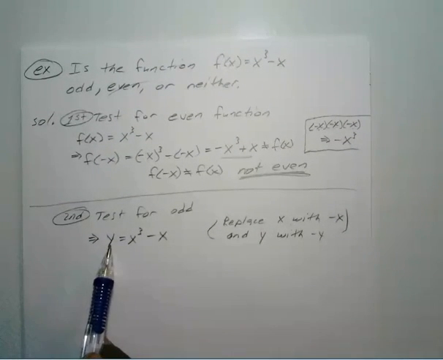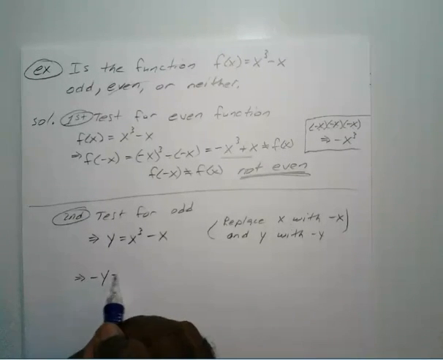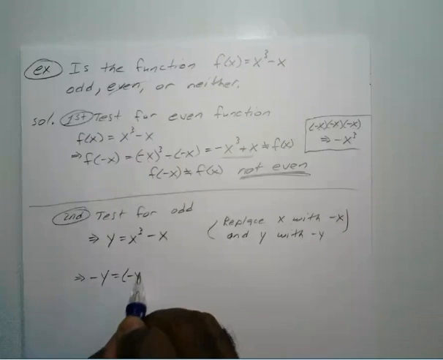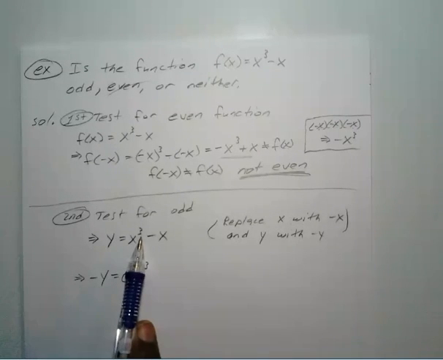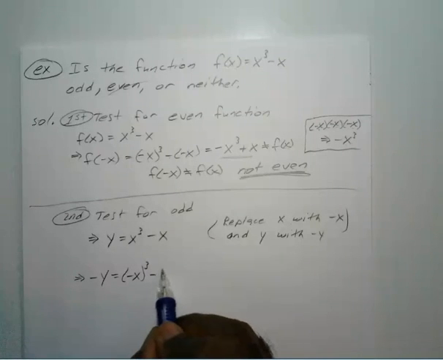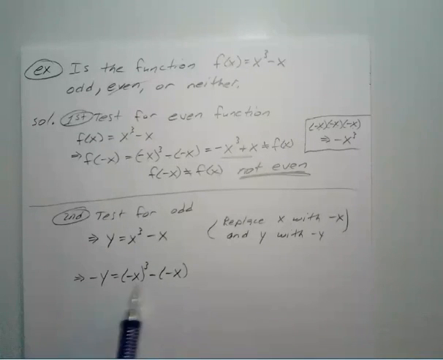So that y will become negative y. You have negative y equals, I'm going to replace that with negative x. You have negative x to the third. The parentheses help a lot when you have a power that's different from 1. So minus, and again, I'm going to put negative x there because we have a minus sign there. Parentheses help to avoid little mistakes. So it's a good habit to get into.